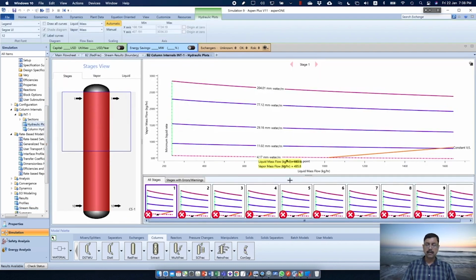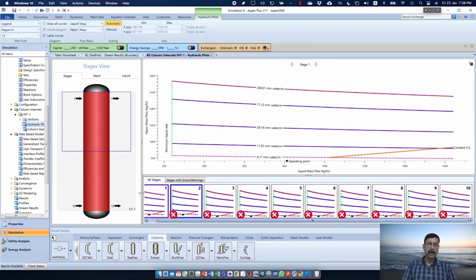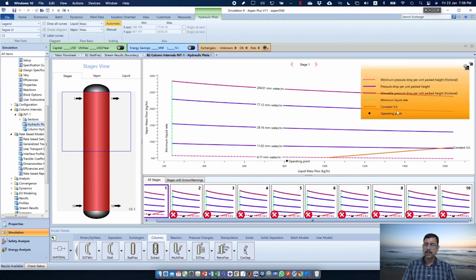Well, all the trays are in bad shape. The entire column is in red. And the operating point, you can see, is here. And this is the bottom line. What is this? This is the minimum pressure drop per unit packed height.